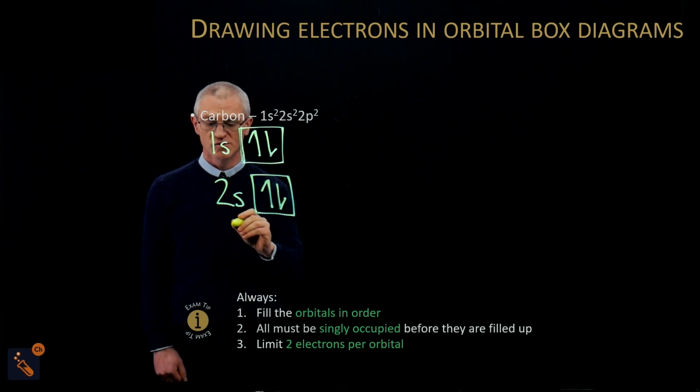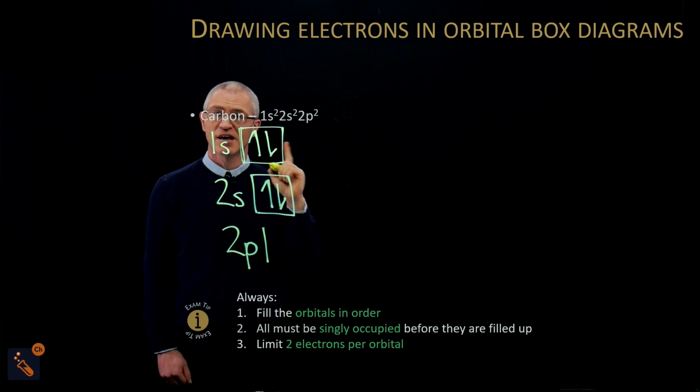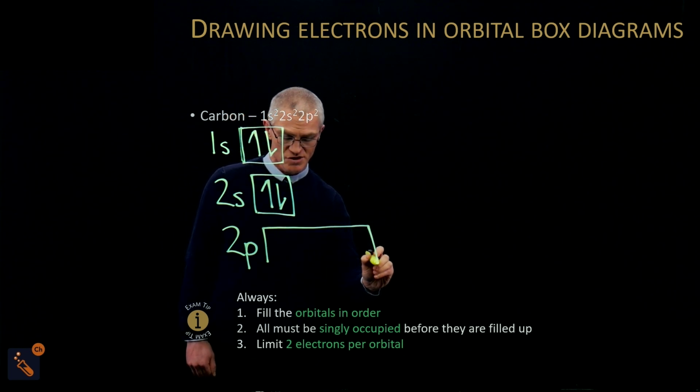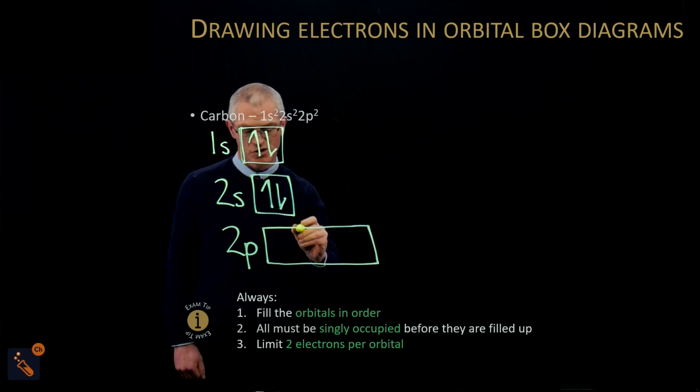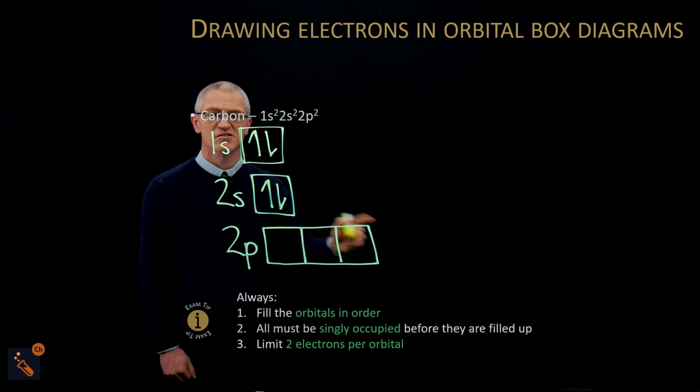We now go for our 2p, and here's the problem. Remember, how many orbitals do we have? We have 3 orbitals. So what we do is we'll draw 3 boxes. There's your 3 boxes. They're all p, so I've just done them joined up.